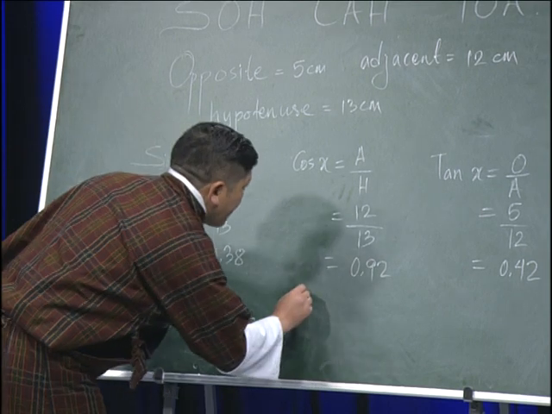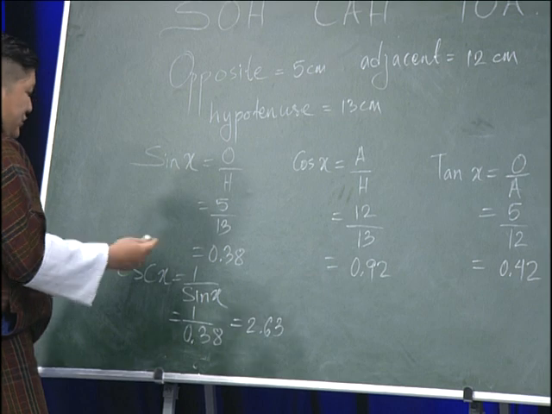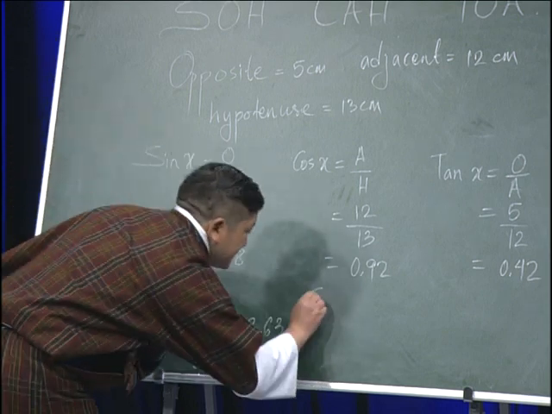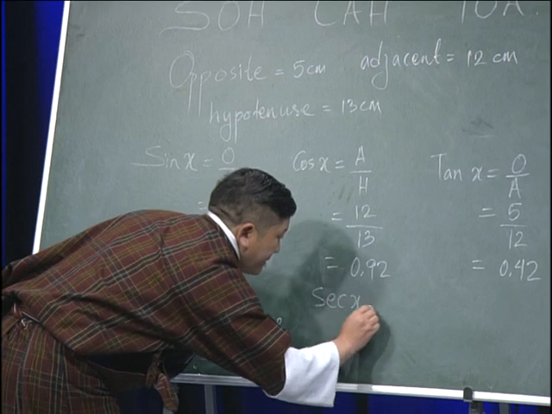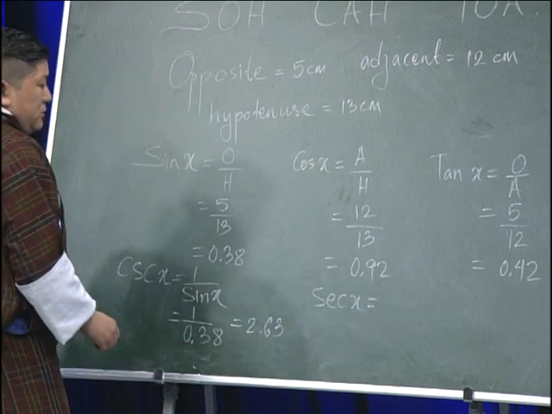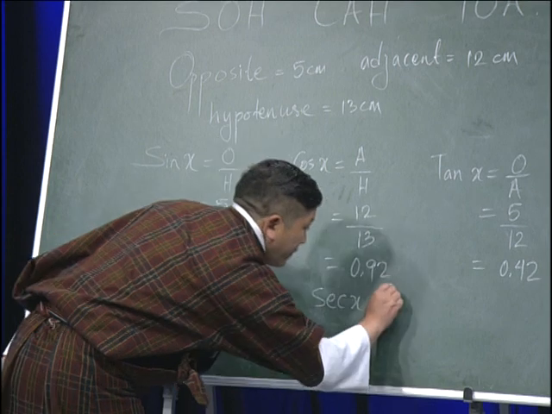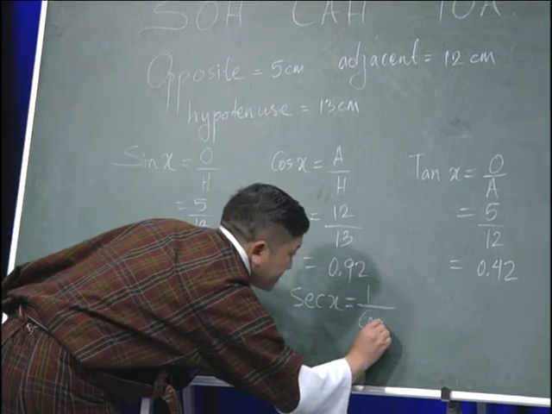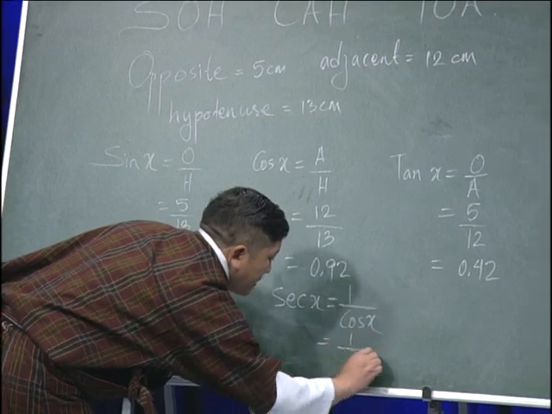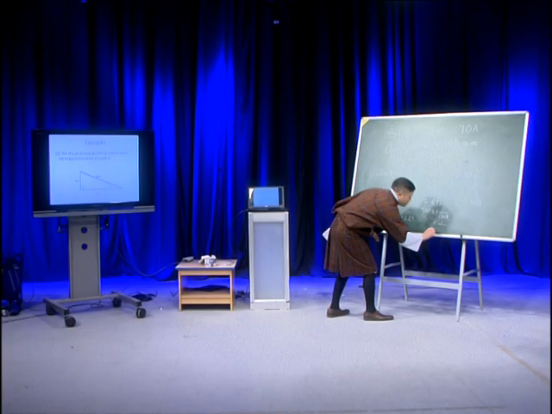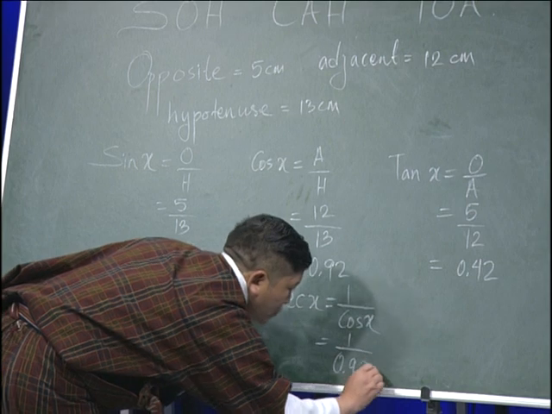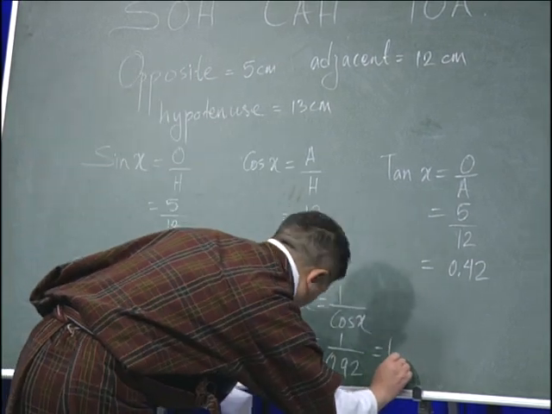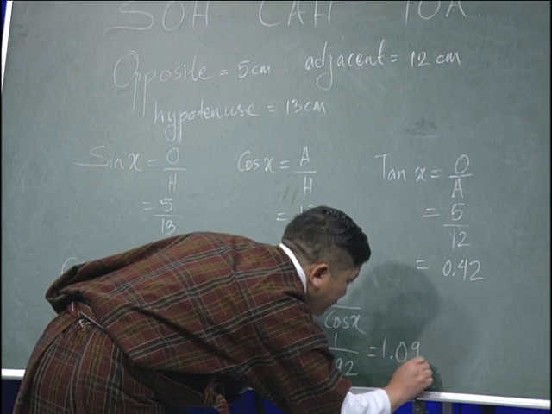Then let's talk about the next ratio, that is after cosecant, then it comes secant. Secant x is what? Is the reciprocal of cos x. So 1 over cos x value is 0.92. So that is coming around 1.09 if you round off.